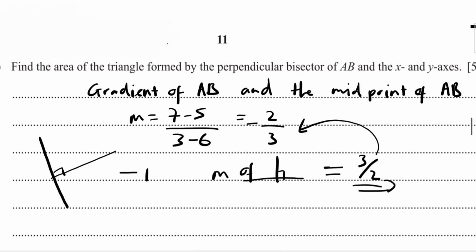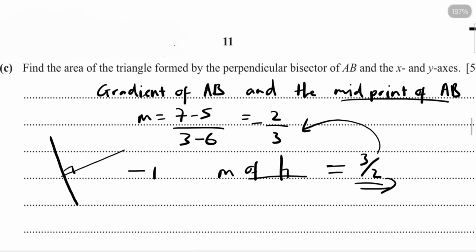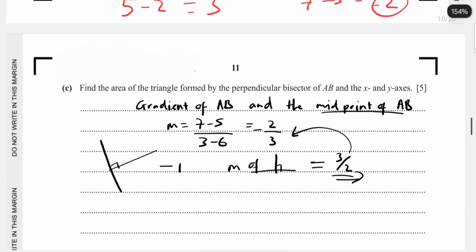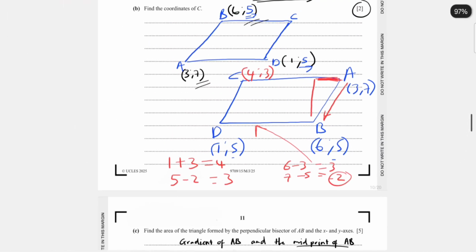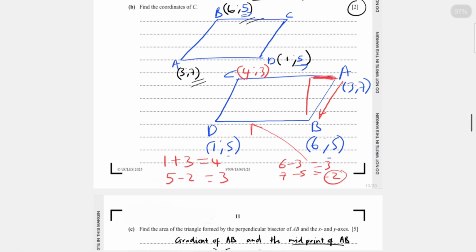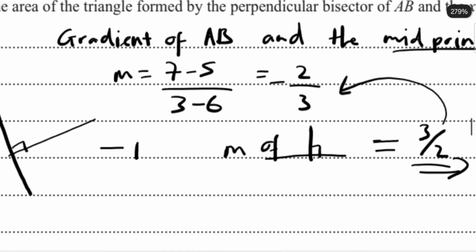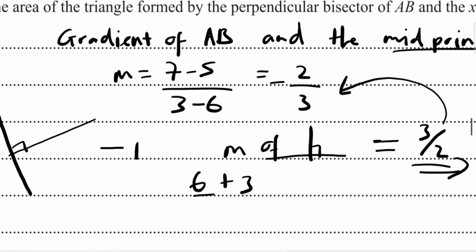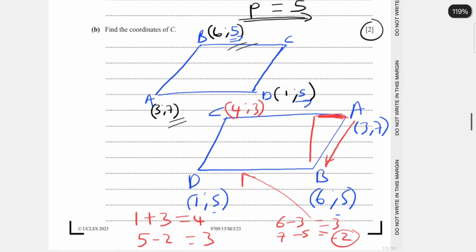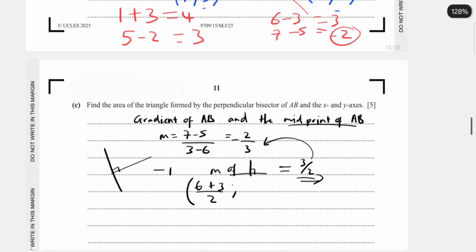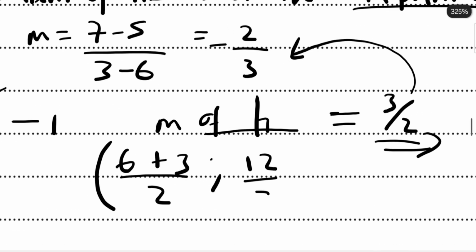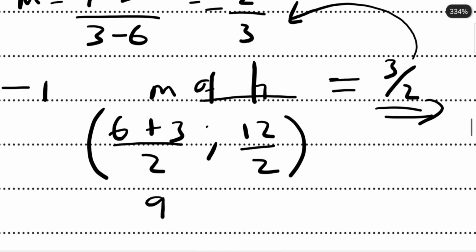Having this gradient, we're now left with the midpoint. To get the midpoint of AB, we add the x coordinates and divide by 2. So that's 6 plus 3 over 2 for the x. And for the y, it's 7 plus 5 over 2, which is 12 over 2, which is 6. So this will be (9/2, 6).